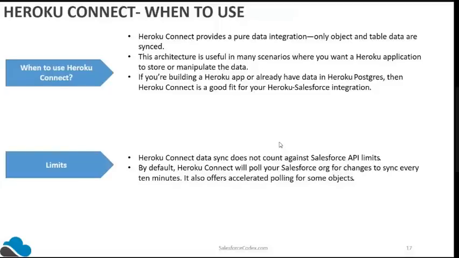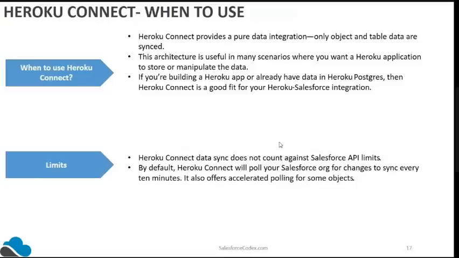Now, Heroku Connect, when to use. We already discussed, but let's see when to use Heroku Connect. Heroku Connect provides a pure data integration. Basically, object and table data are synced. This architecture is useful in many scenarios where you want a Heroku application to store or manipulate data.